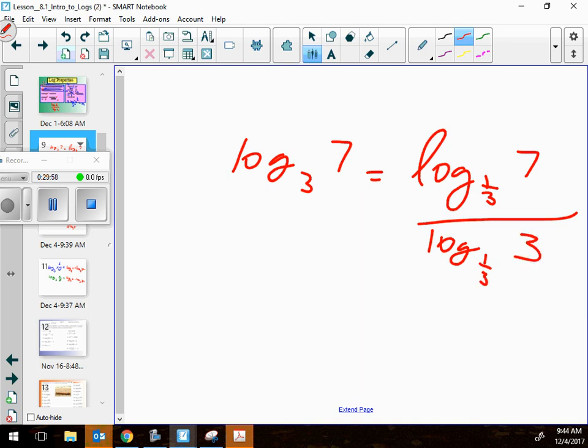ACT question. It covers logs. One of the advanced problems at the end probably about logs could be this. They would say, this has a base of 3. Rewrite it so it has a base of 1/3.